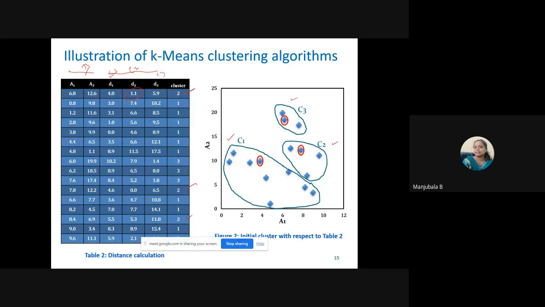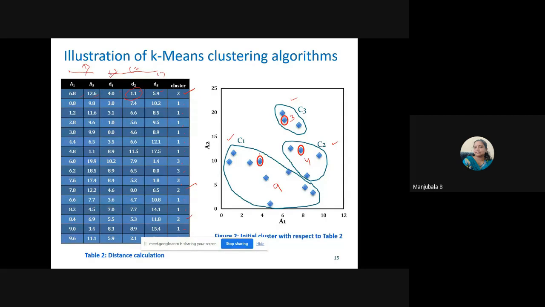Now what you have to do, you have to update the centroid of these clusters, right? So how to update the centroid of these clusters? Now you see this cluster C1, how many points are there? 9 points are there. These are the 9 points, these are the 4 points, these are the 3 points, right?